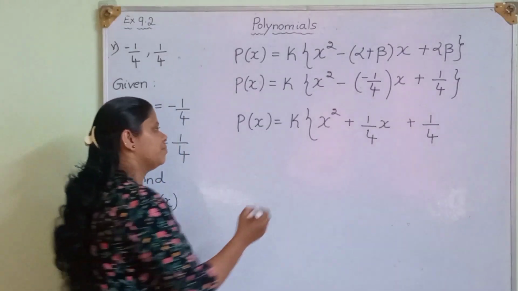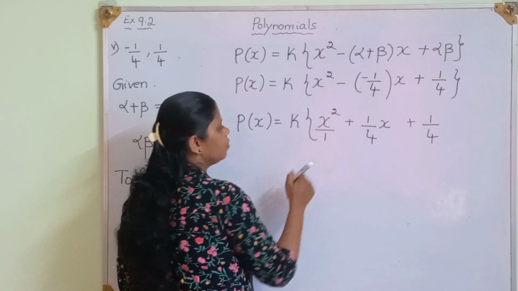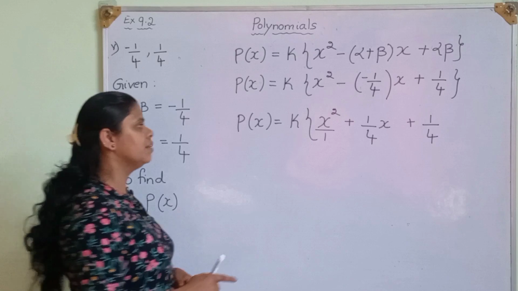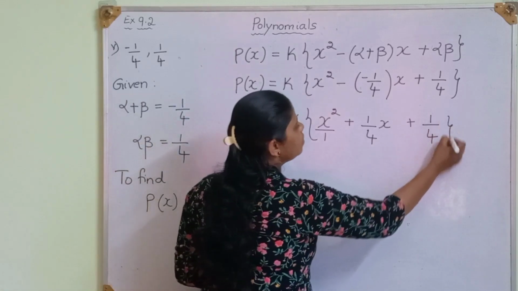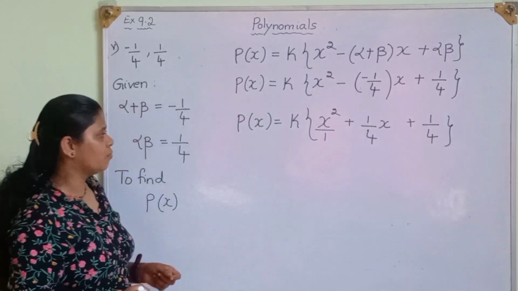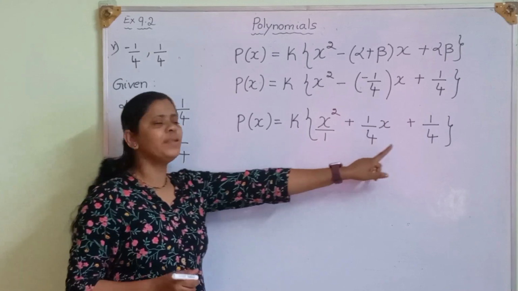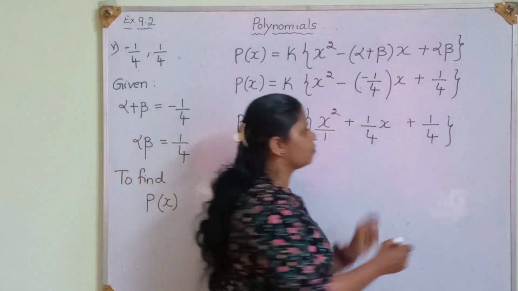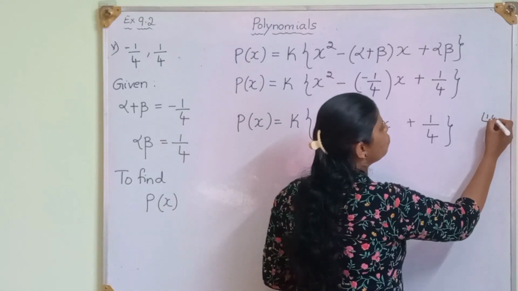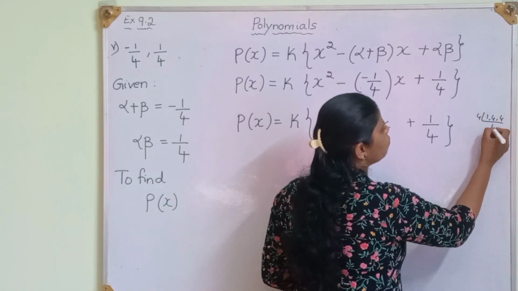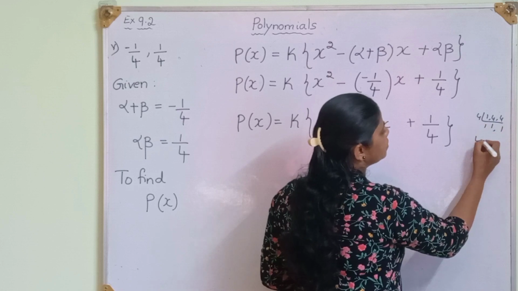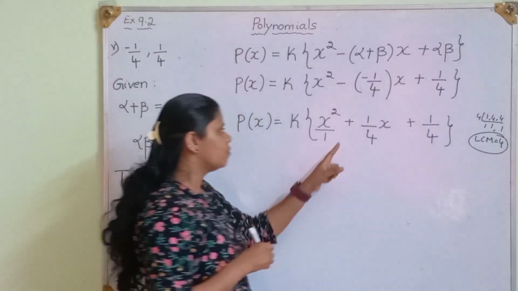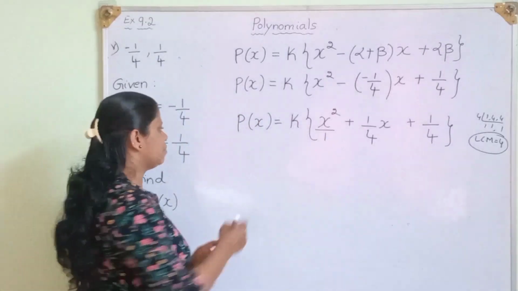Now look at this. 1, 4, 4. It is in the denominator, right? Whether the denominators are equal? No. To equalize the denominator, we will take the LCM of 1, 4, 4. That is LCM is 4, right? Therefore, we will equalize the denominator.